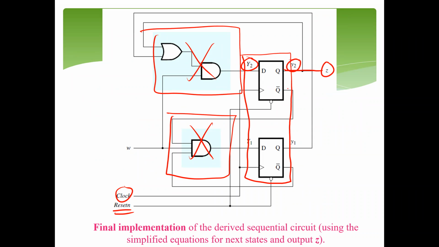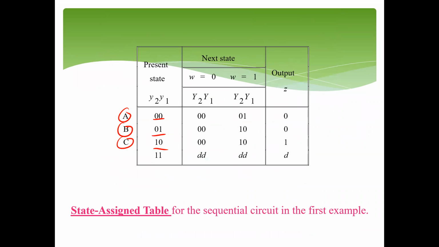Is this correct? Oh, so Z should equal the state 10, which is C. So if you are at state C, okay, yeah, because we're only using, I see what he did here. So the value of Y2, which is this one, since I'm not using this combination and I will never reach it, that means Z is equal to Y2 directly.